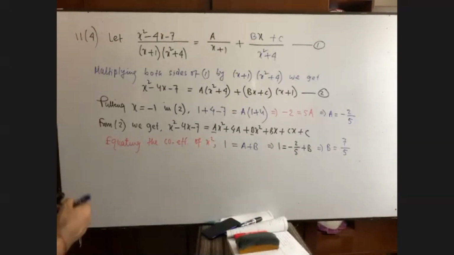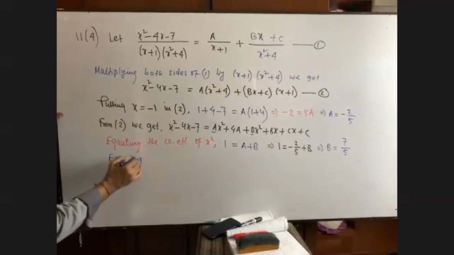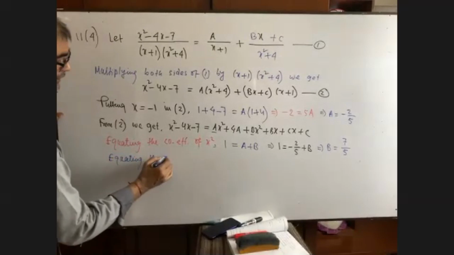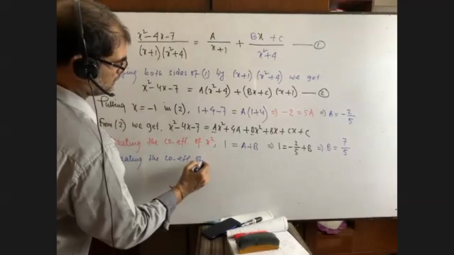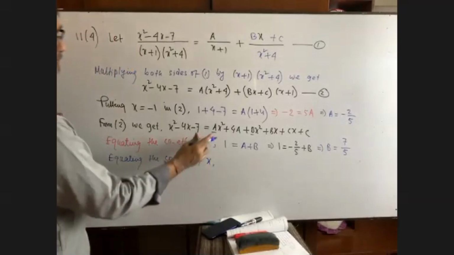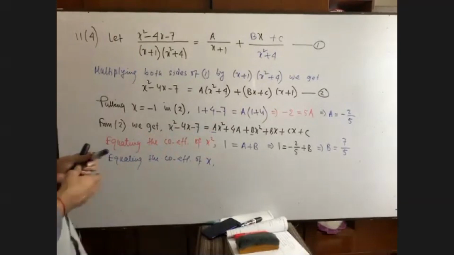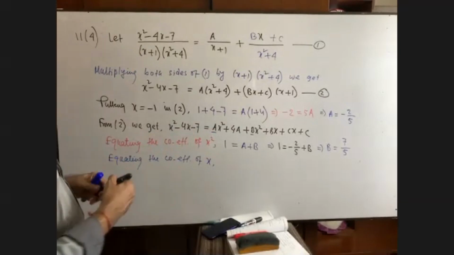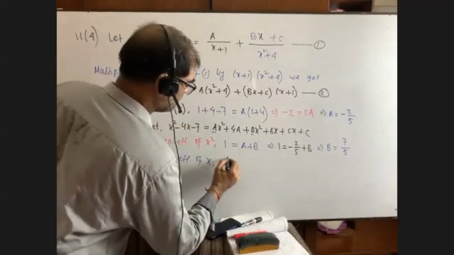Now again, equating the coefficient of x. After x square, there is x. If we equate, then we'll get here minus 4. This is minus 4.